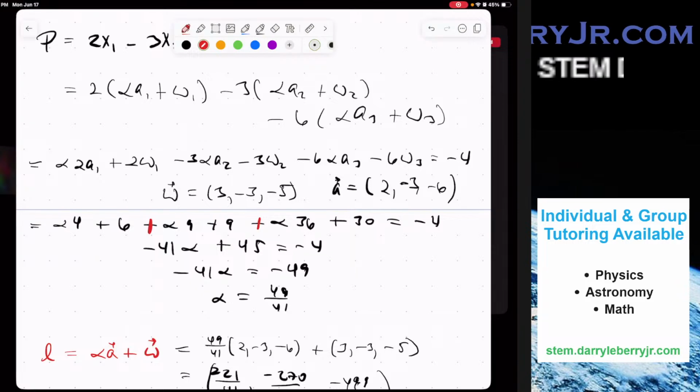So then we have 45, 49 alpha. And that's still 45. So this would be 49. So this will be 1.